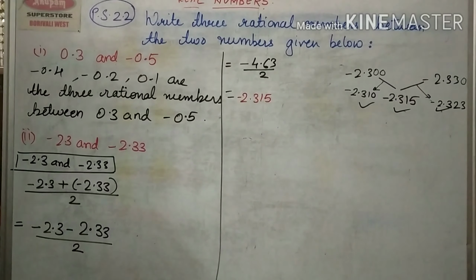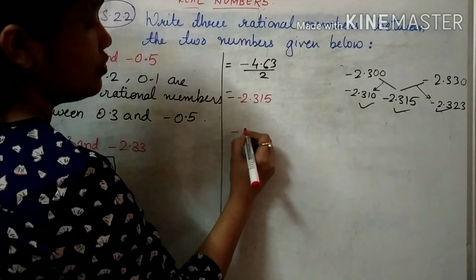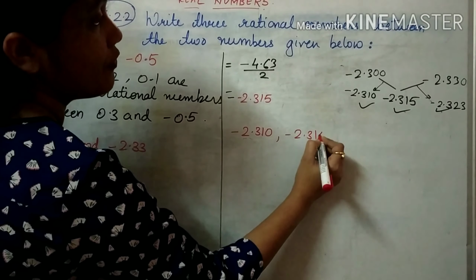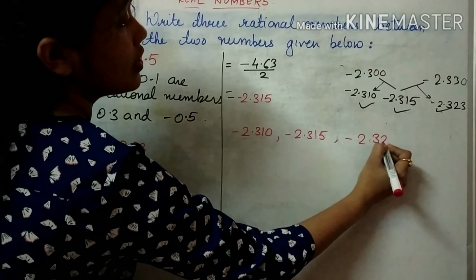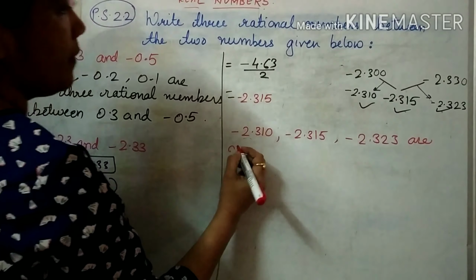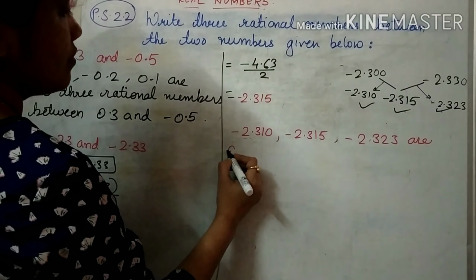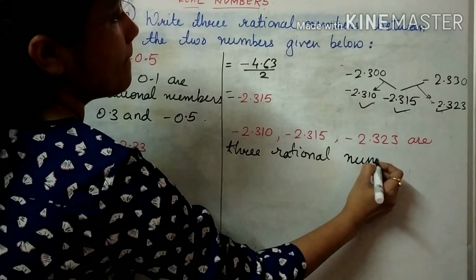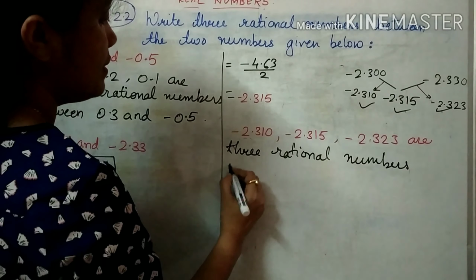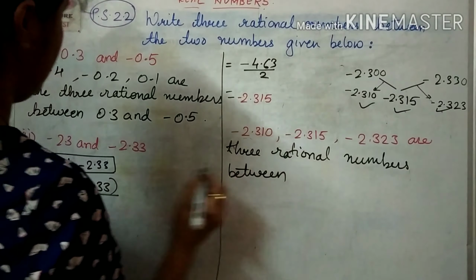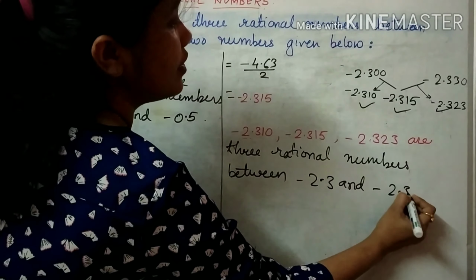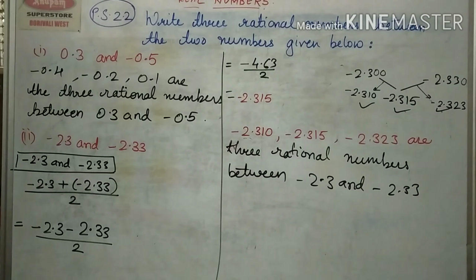So my answer will be minus 2.310, minus 2.315, minus 2.323 are 3 rational numbers between minus 2.3 and minus 2.33. Thank you.